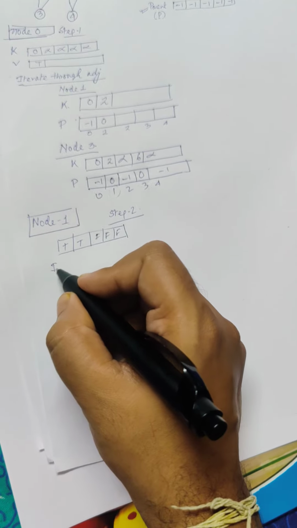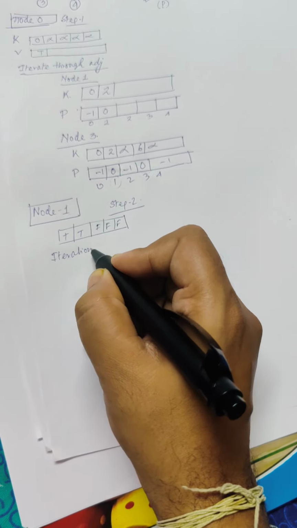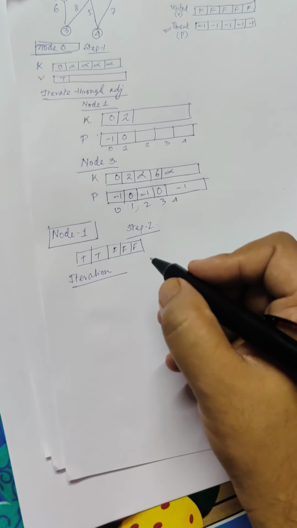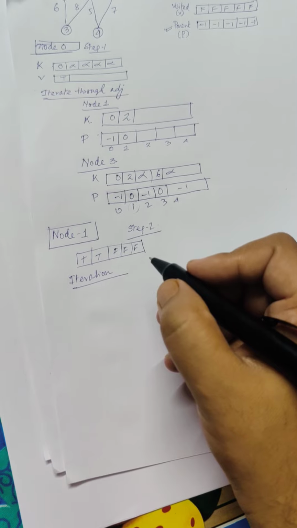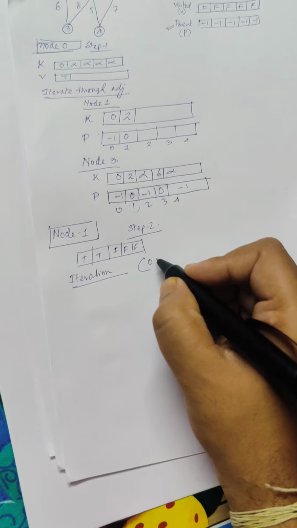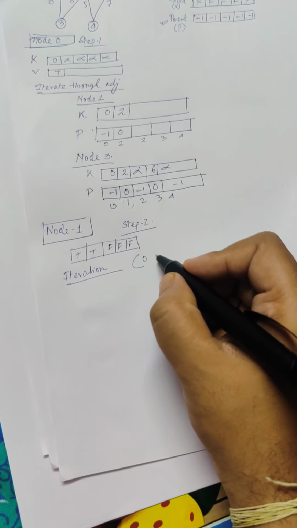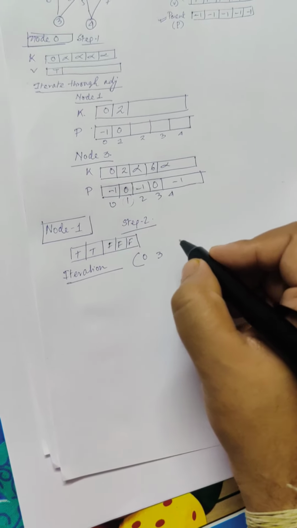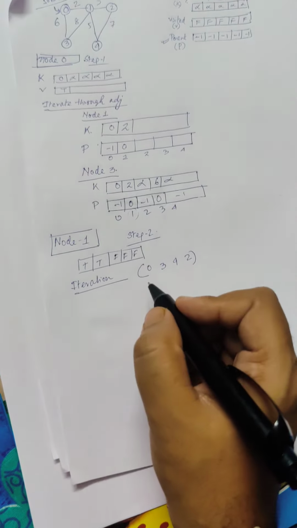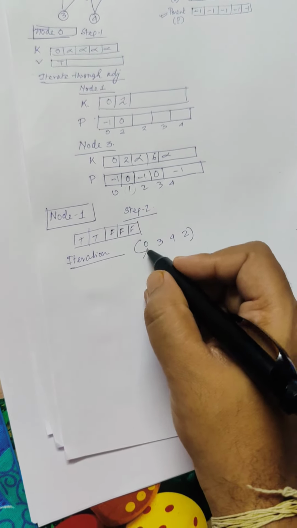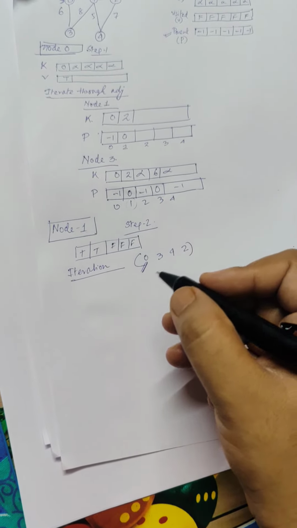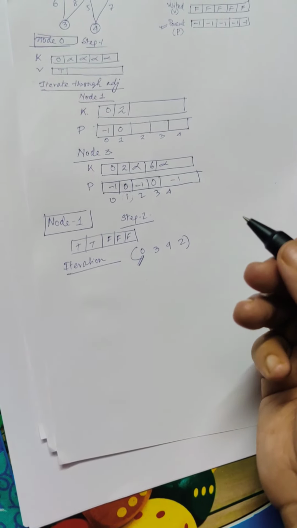The adjacent of 1 is 0, the adjacent of 1 is 3, the adjacent of 1 is 4, the adjacent of 1 is 2. 0 we have already taken, because we can check from the visited array as well, so we won't take 0 as it's already addressed.